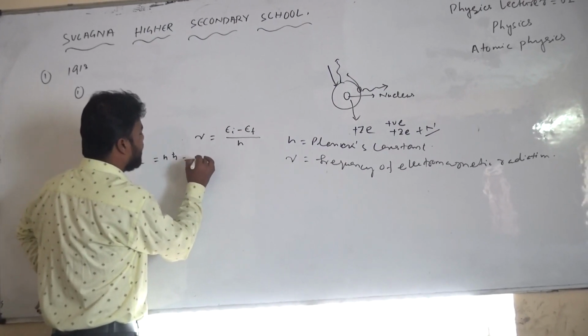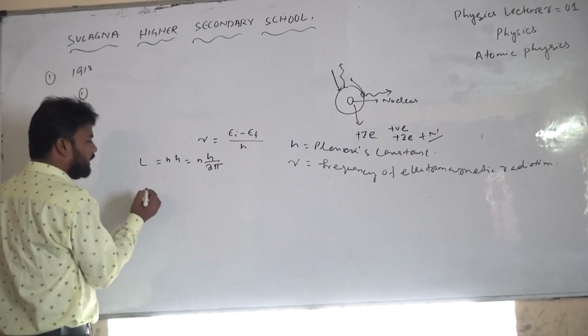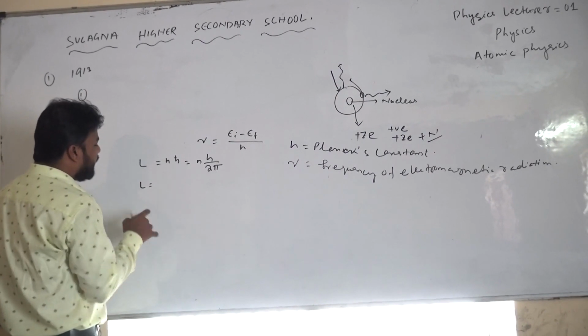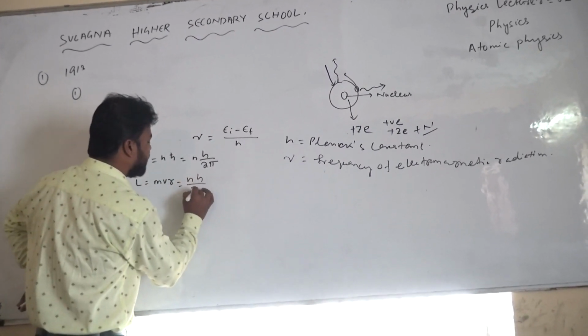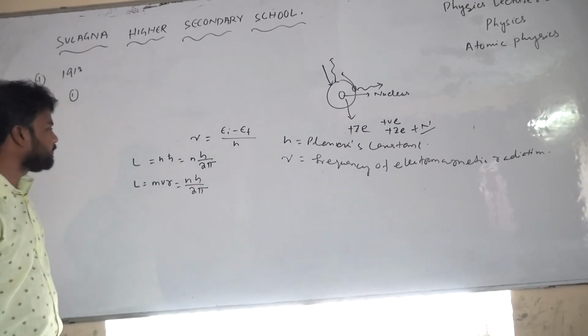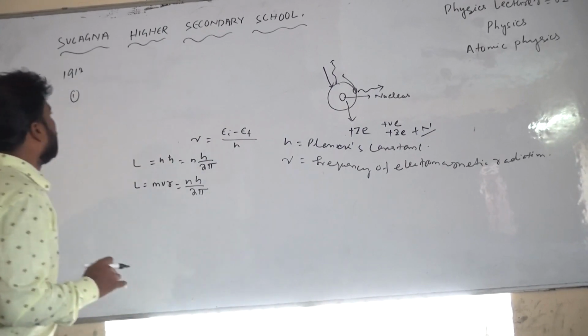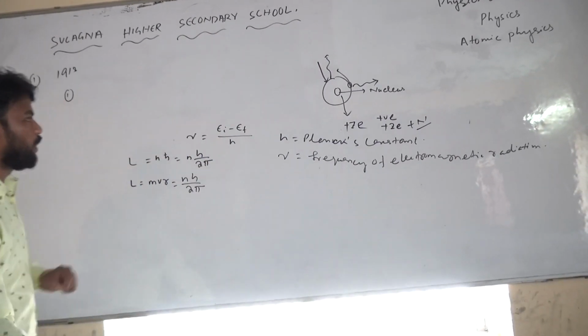That means L equals n h by 2 pi. In classical mechanics, L is equal to m v r, equal to n h by 2 pi.